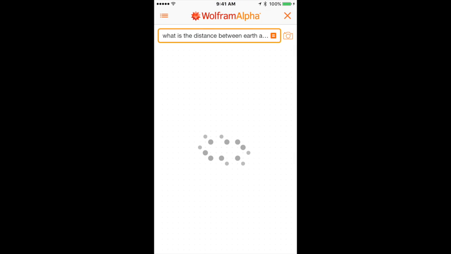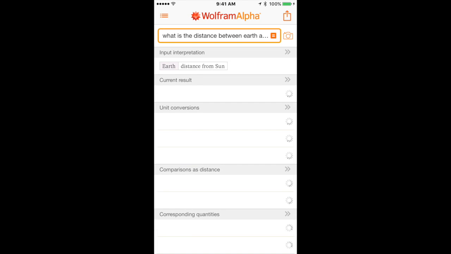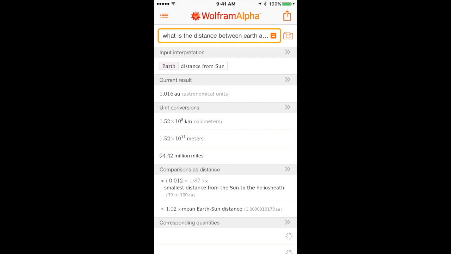And you hit go, and it will tell you the distance between Earth and the Sun in kilometers, in meters, and in miles: 1.52 times 10 to the 8th power in kilometers, or 94.42 million miles. So it's like a Google for students and teachers and parents.